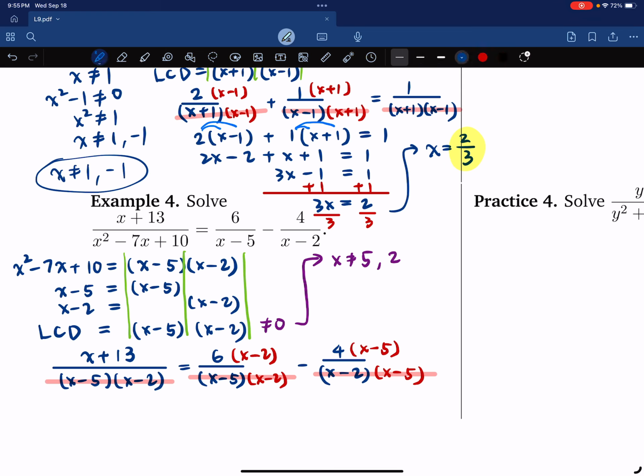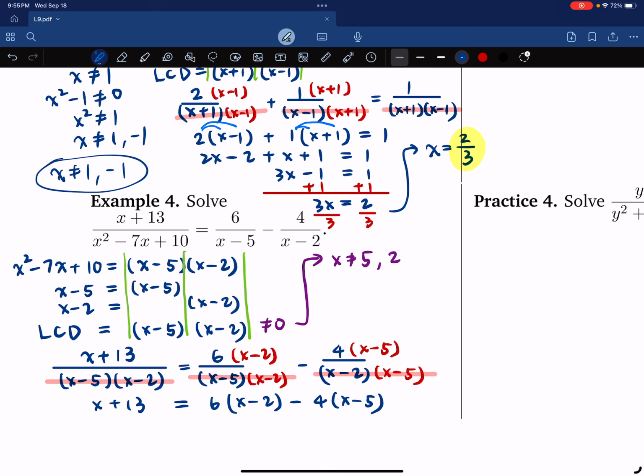Let's write down what's left. So we have x plus 13 on the left, and then 6 times x minus 2, subtract 4 times x minus 5. Just keep in mind that if you use this method, you will not have denominators.